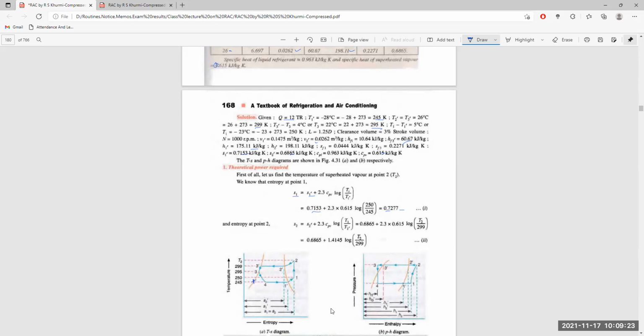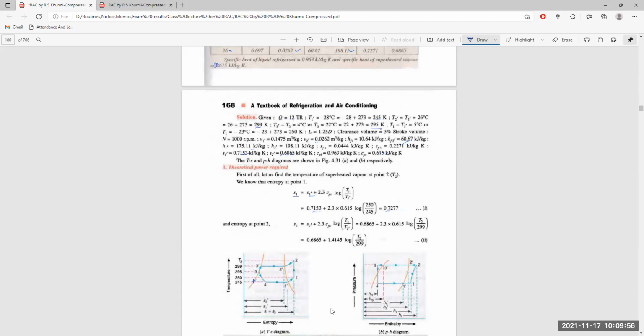So this is equal to S2. S2 is equal to S2 dash plus, using the same formula with different temperatures, 2.3 Cpv log T2 by T2 dash. S2 dash is given here as 0.6865, the entropy of the vapor state of the refrigerant at point 2 at high temperature.